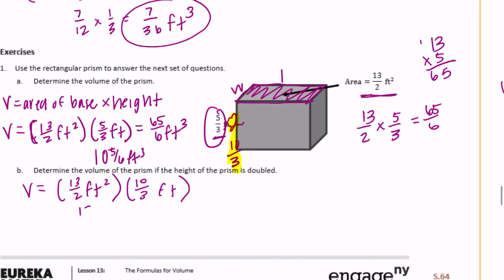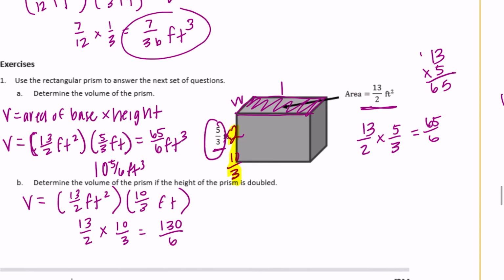We would get 13/2 times 10/3. We would get 130 sixths, which, if you notice, is double 65 sixths.